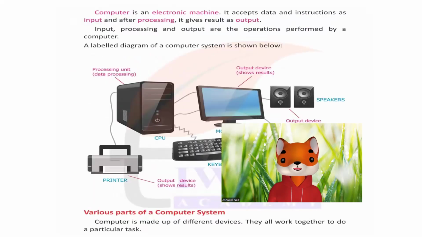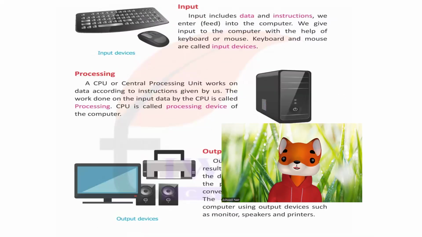So let's see the recap once again. What we have learned today. See, we have done the revision of the topic what is a computer. A computer is an electronic machine. There are three operations performed on a computer, that is input, processing and output.